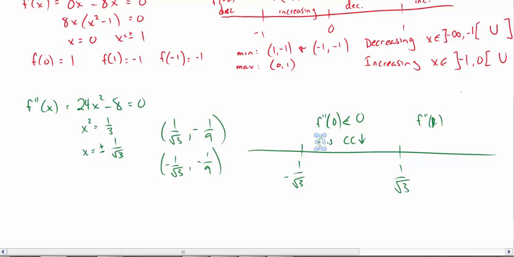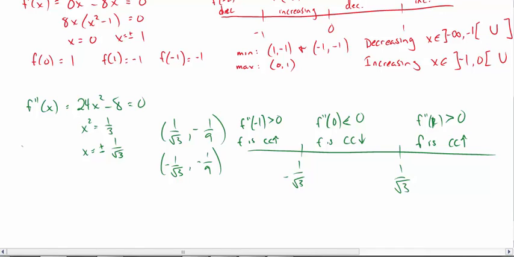And if we do that, we get that that is positive. So F is concave up. And checking a value to the left of this critical value, we get that this is positive. So F again is concave up.